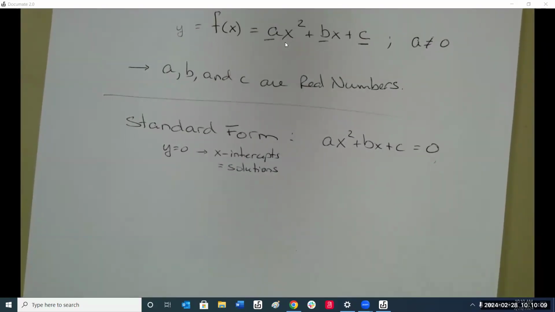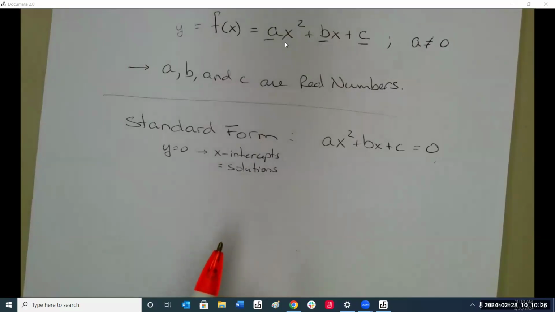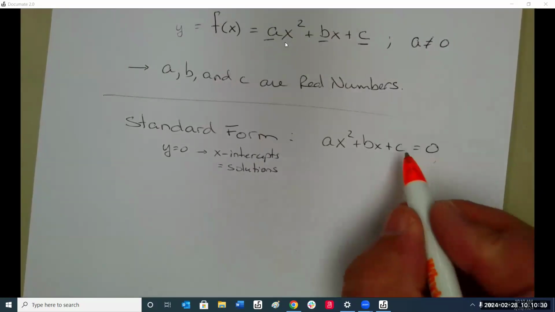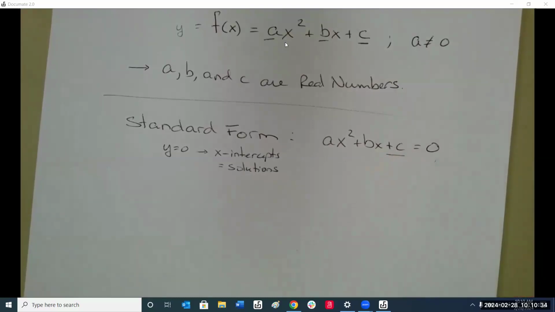So that's the reason we set it equal to 0. How do we find the x-intercept or the y-intercept? Remember back in chapter 1, for the y-intercept, you set x equal to 0. In other words, the y-intercept is always the constant number.